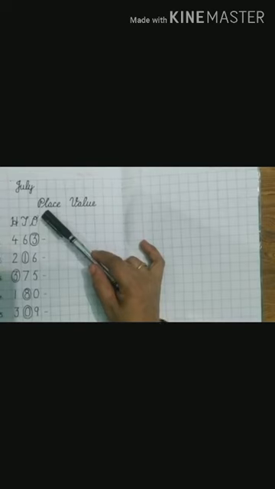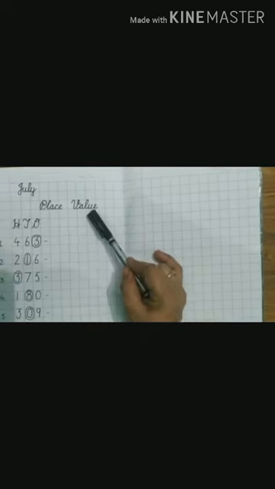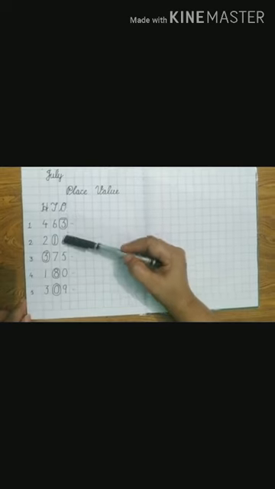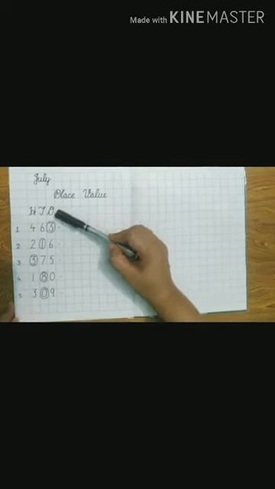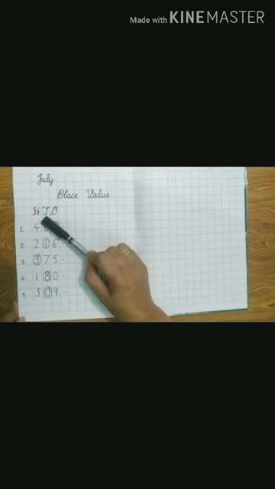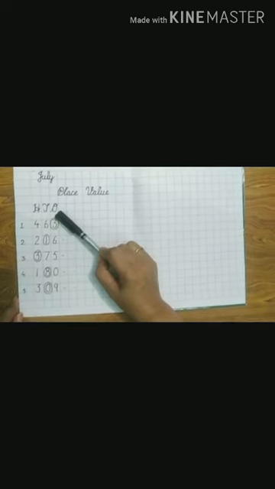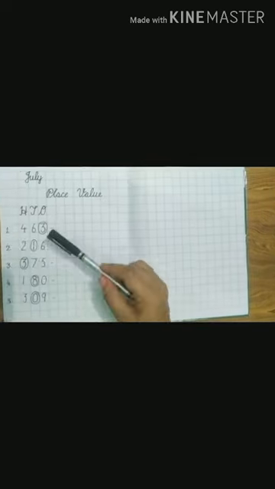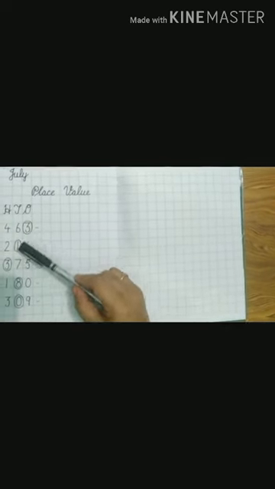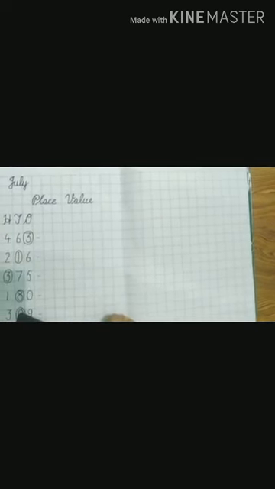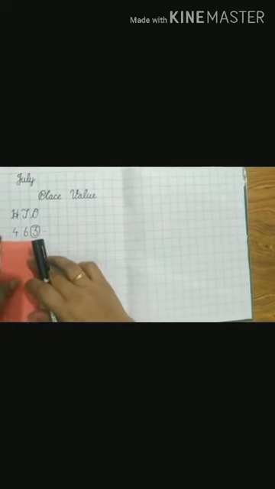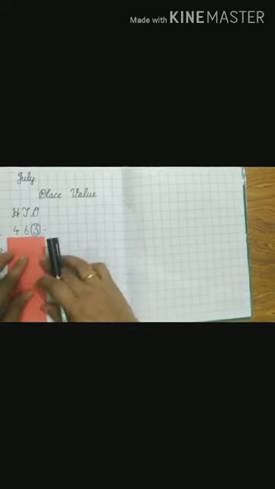That is place value. Here, we have been given some numbers under the heading HTO. Okay? And we have to find out the place value of encircled digits. So let's start. We will do all the sums one by one.